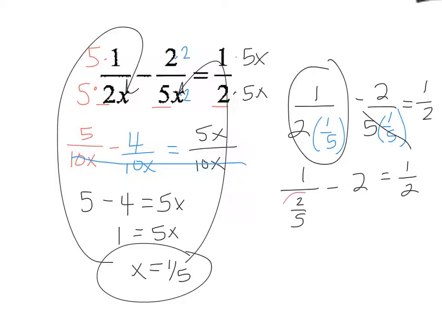So 1 divided by 2/5 is 1 times 5/2. So does 5/2 minus 2 equal 1/2? 5/2 is the same thing as 2 1/2. So 2 1/2 minus 2 equals 1/2. Yes, it checks.